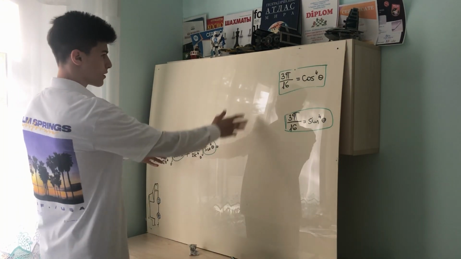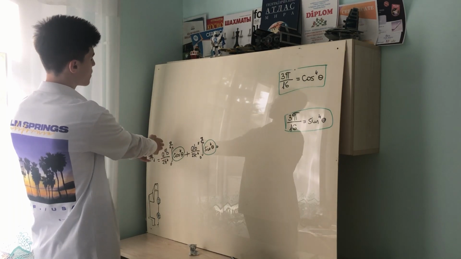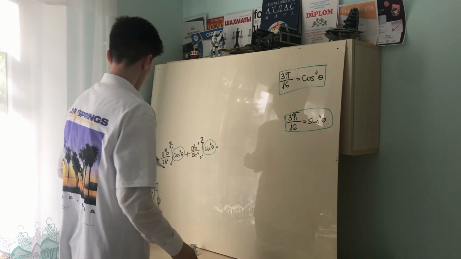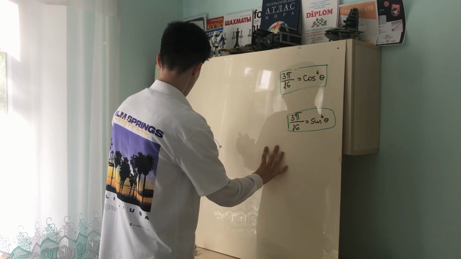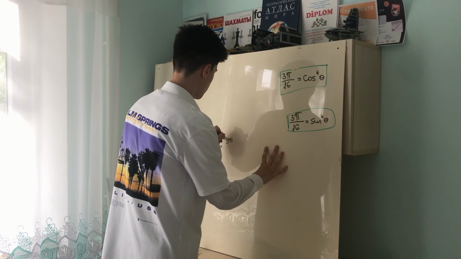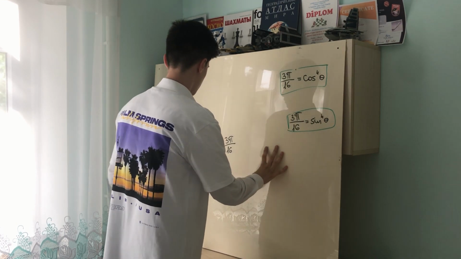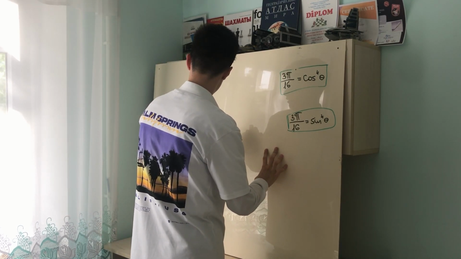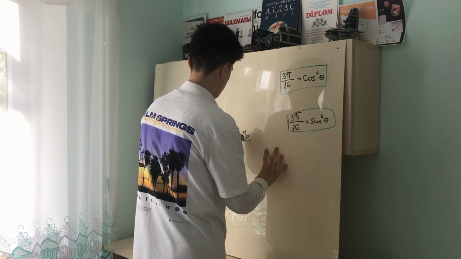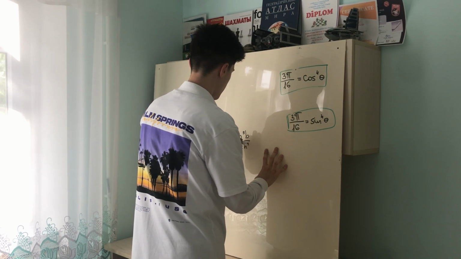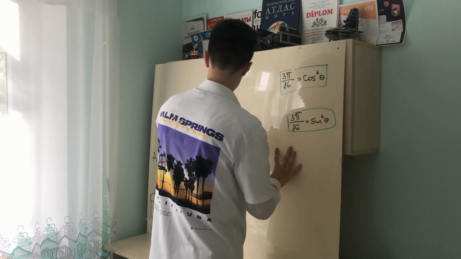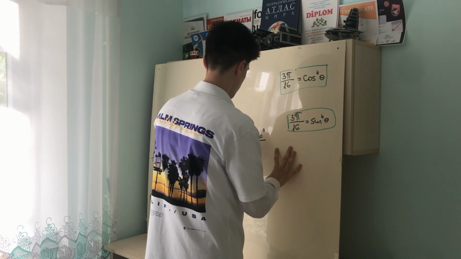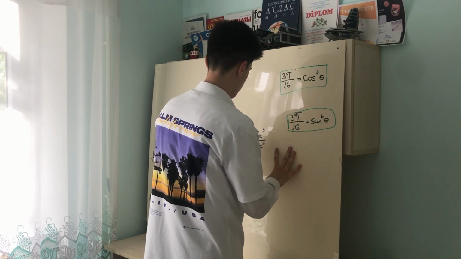So we can write 3 pi over 16 times this plus this: a to the 5 b over 2h to the 4 plus a b to the 5 over 2k to the 4.